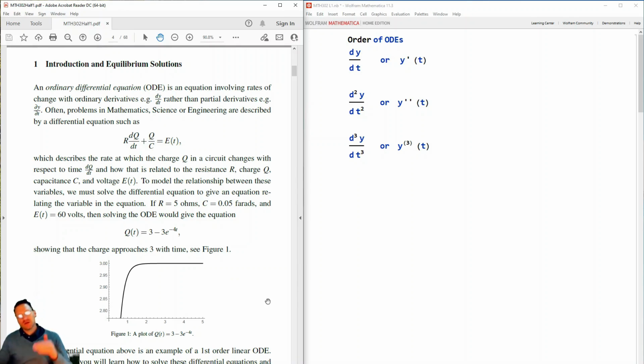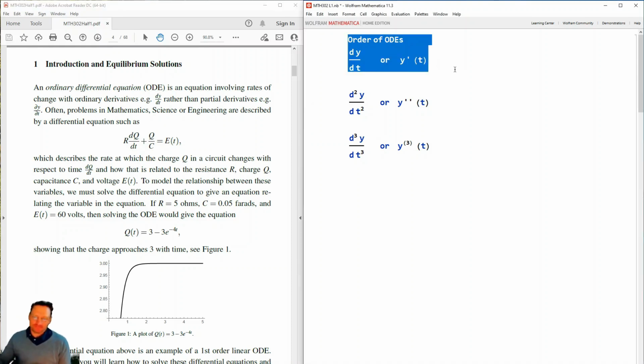Now, the differential equation that we've just seen is an example of a first order differential equation. And why, you ask? Well, the order of the derivative here is order 1, and that's the highest order derivative we have in that equation. Now if you move over here on the right hand side of my screen, I'll give you some examples of orders of derivatives.